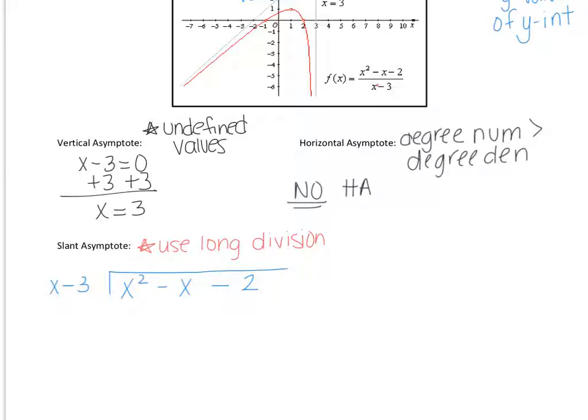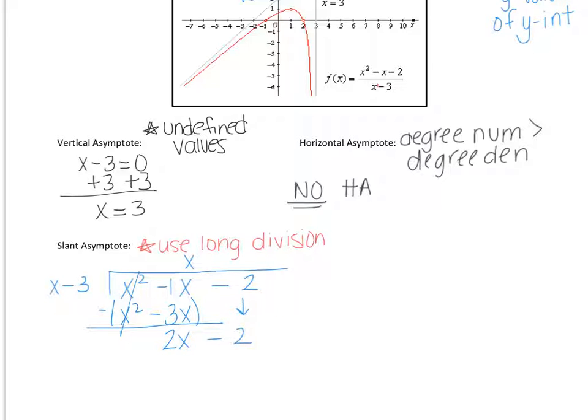I need to multiply by x. x times x is x squared. x times negative 3 is negative 3x. And we subtract. Those cancel. And here we have a negative 1 minus a negative 3. That's 2x. And bring down the minus 2.